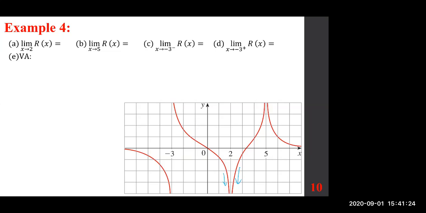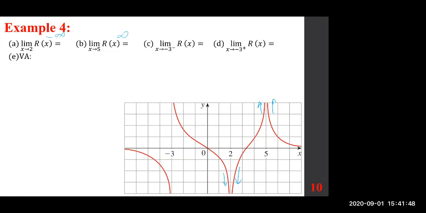And therefore this limit is equal to negative infinity, class. Can you see that this is negative infinity? When we approach 5, in both sides, this is approaching infinity, okay?